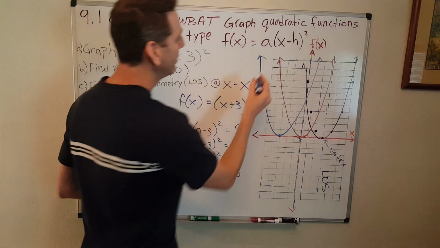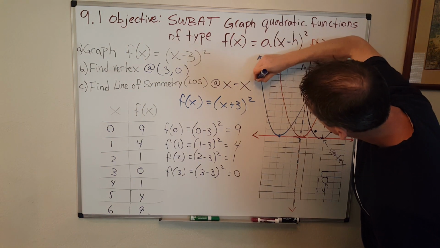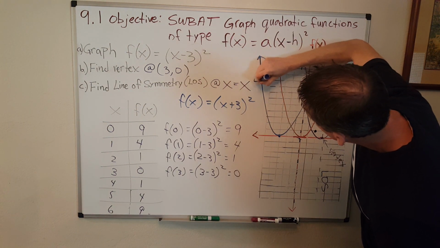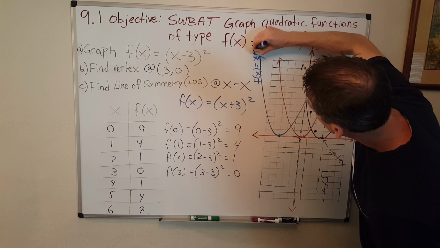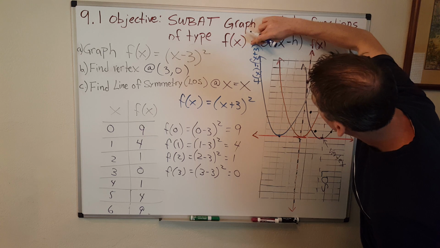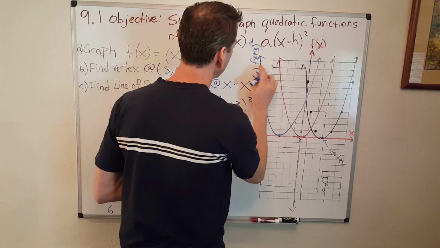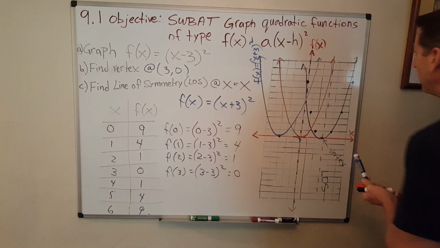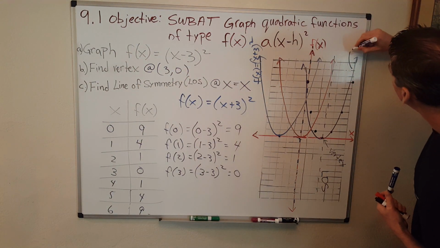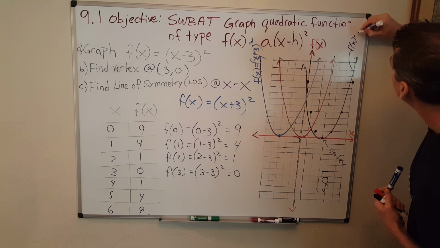Okay? So this would be what? F of x equals x plus 3 squared. And this one would be f of x equals x minus 3 squared.